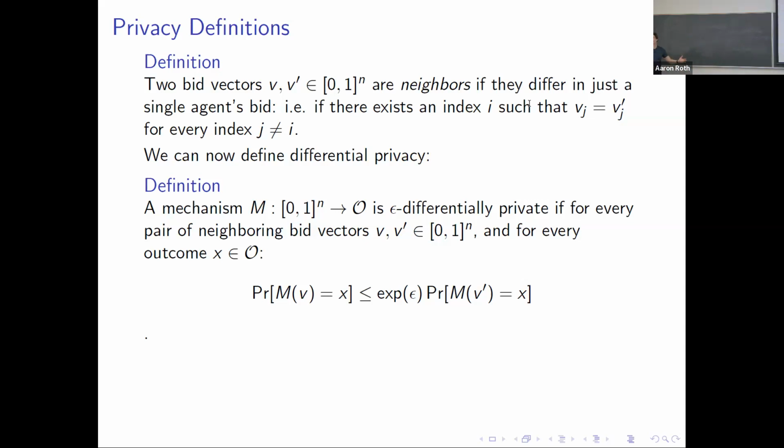That is, if everyone else maintained their bids as they were before, but bidder i decided to deviate. And close here means within a multiplicative factor of e to the epsilon.